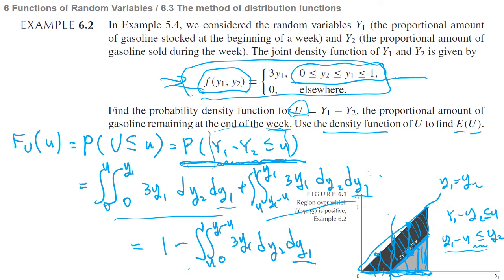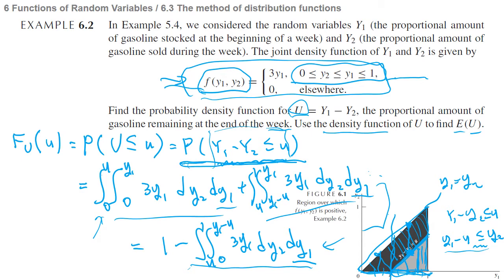This one looks easier to calculate, so I will do this one, and you can also calculate this one as well, and you can check these two are actually the same.